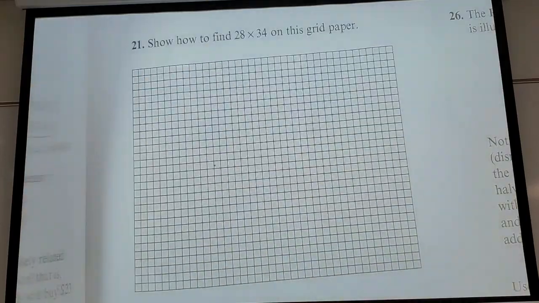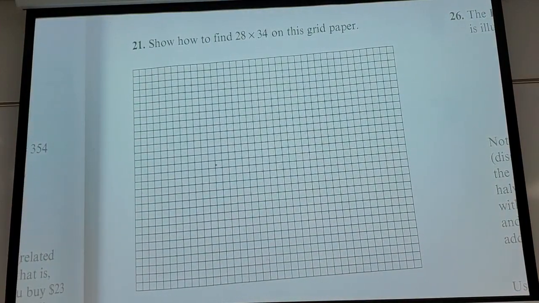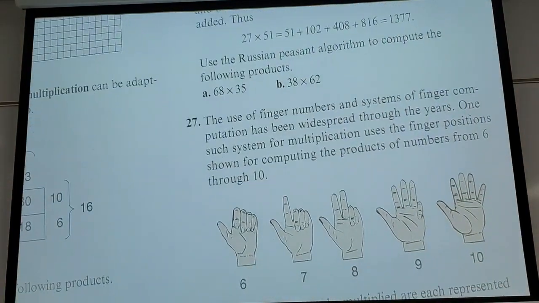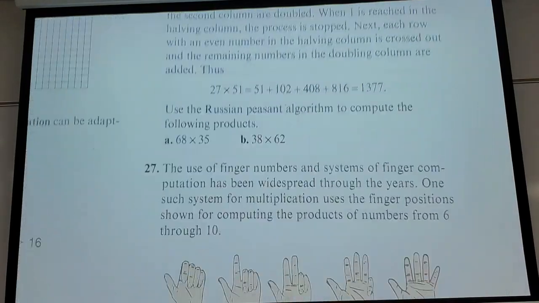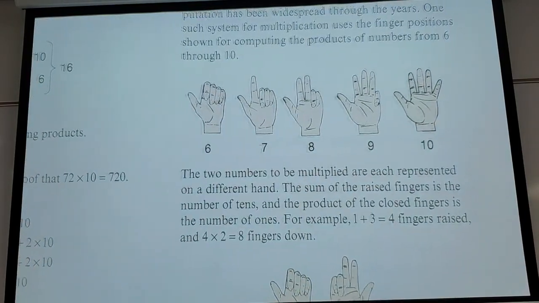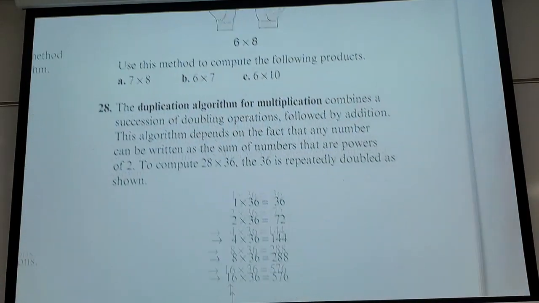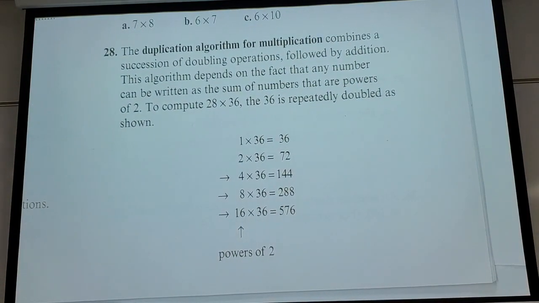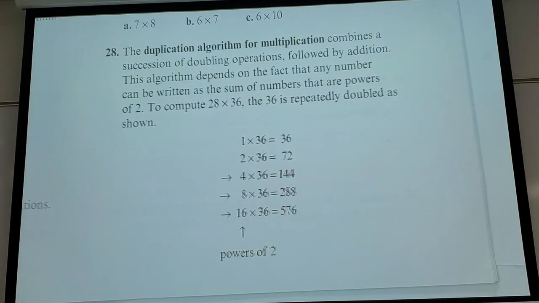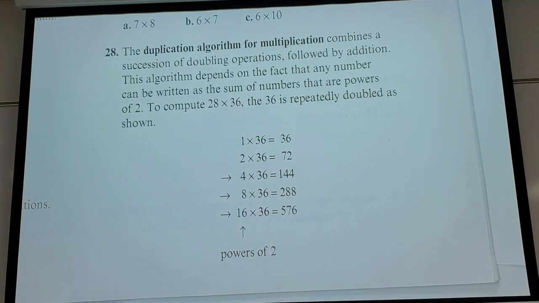Number 28. Oh, yeah, okay. So, the duplication algorithm for multiplication combines a succession of doubling operations followed by addition.